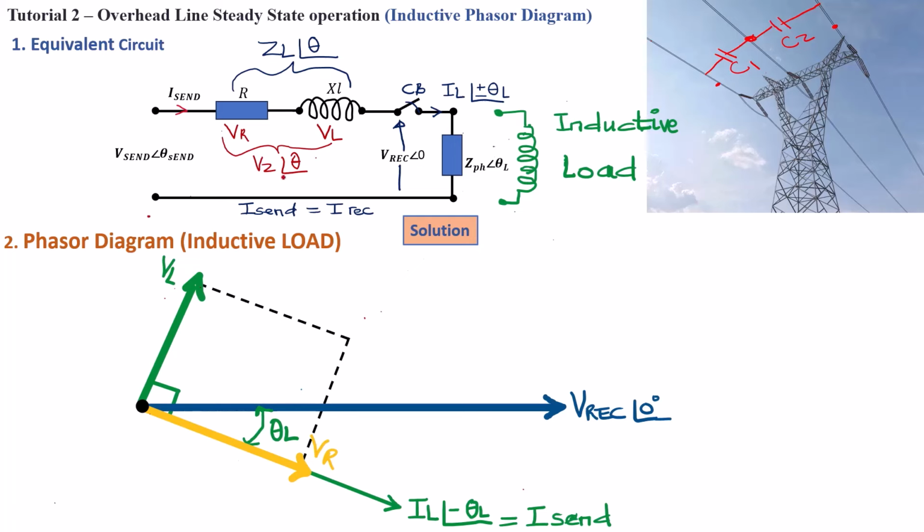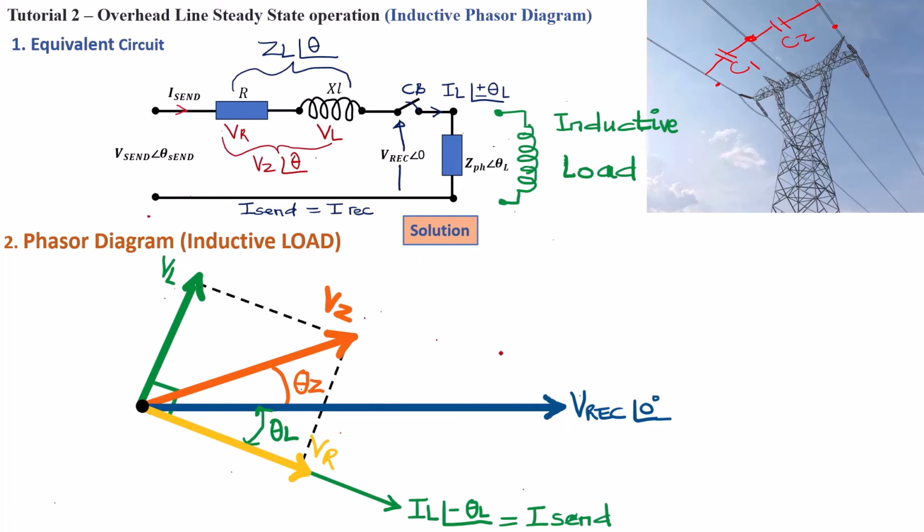So the angle of Vz must be referenced to the V rec. So we can make a projection of our Vz. That will be the voltage drop across the transmission line, and the angle theta z can then be referenced from the V rec phasor. Great.